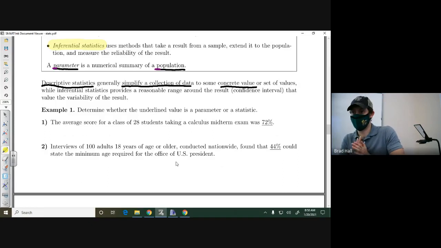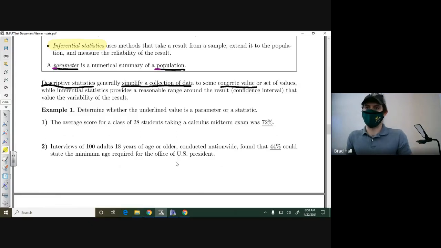Okay, this is a population. The population here are the 28 students.